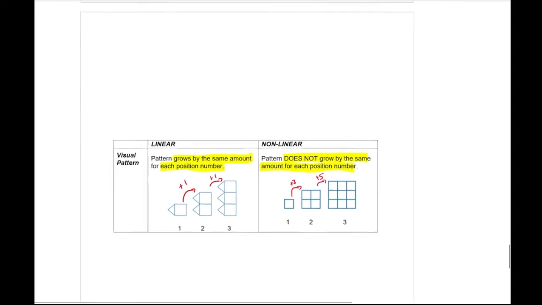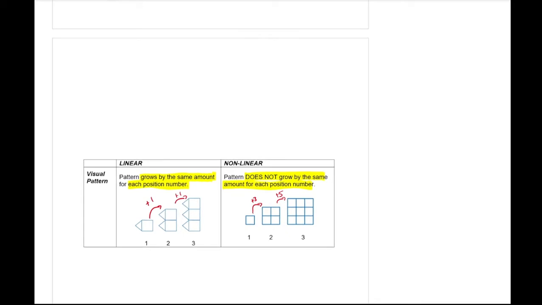So again, looking at all those different representations, the visual pattern, the equation, the table, the graph, you should be able to identify if a relationship or a pattern is considered linear or not. Again, we're building off of those multiple representations that we've talked about before, and just adding some new terminology on how to describe the relationships that those representations represent.